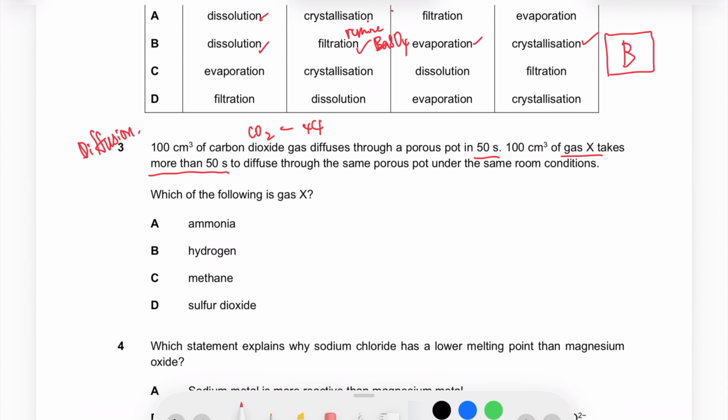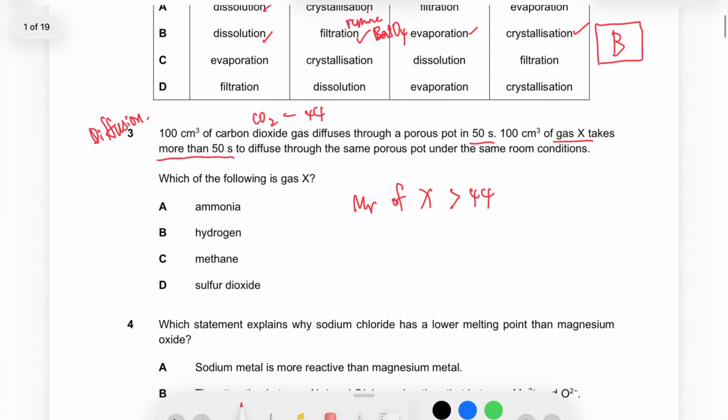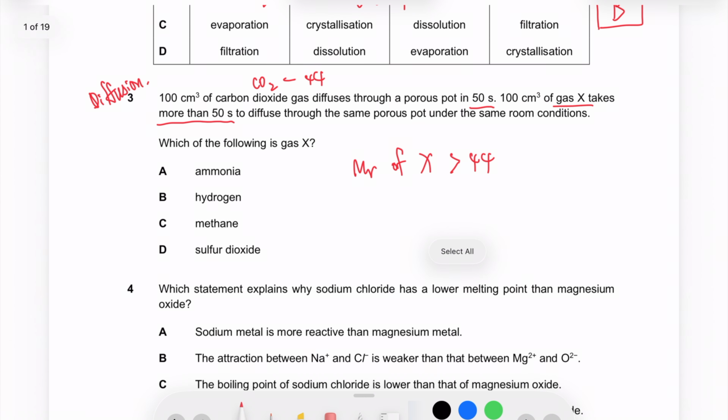So if gas X takes more than 50 seconds, the MR of X will definitely be greater than 44. So we just need to get the MR of everyone: NH3, H2, CH4, and SO2. If you look at our periodic table, this will be 17, 2, this will be 16. This one, you add up everything, will be 64. So the only answer that makes sense will be D.